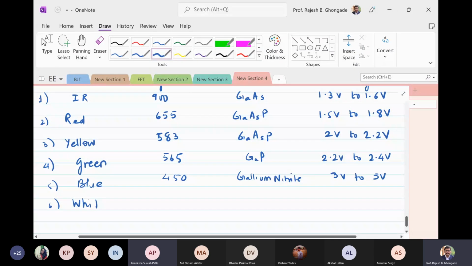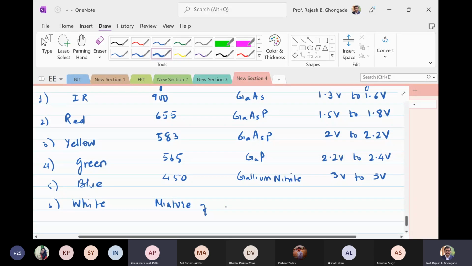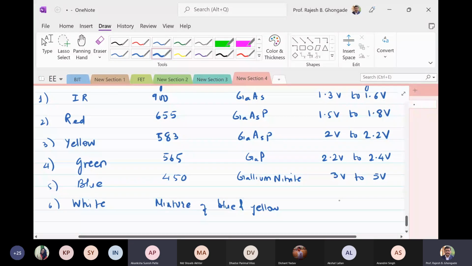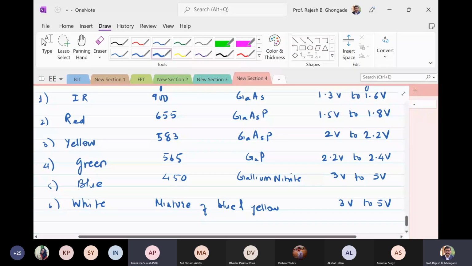Naturally, it's a mixture of blue and yellow, and the drop is 3 volts to 5 volts. So this table gives you the information as to what is the base material, what is the wavelength, and what are the voltage drops across that device.